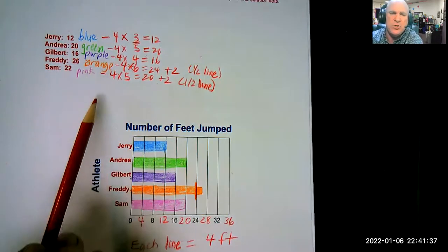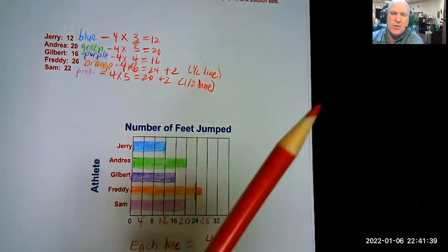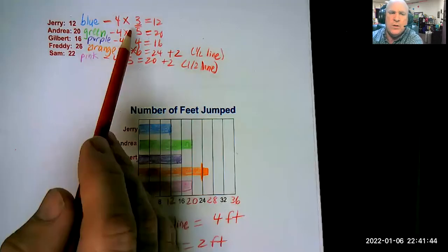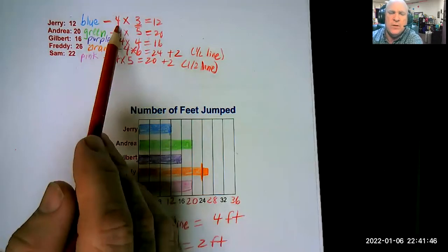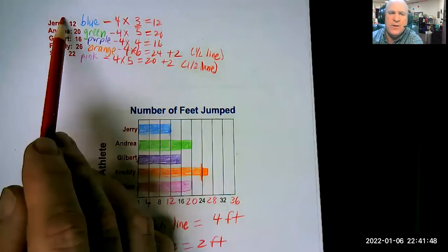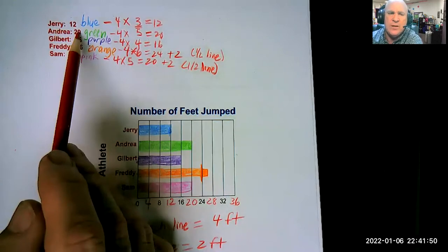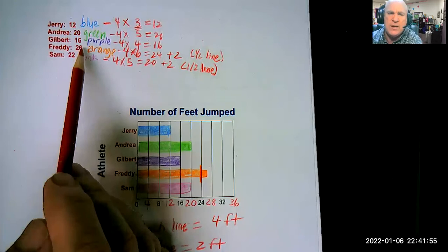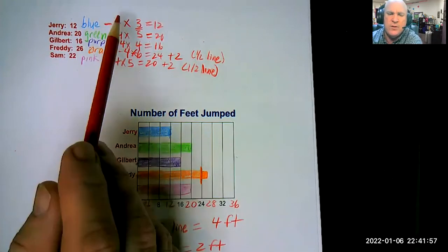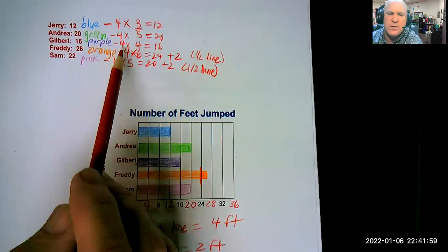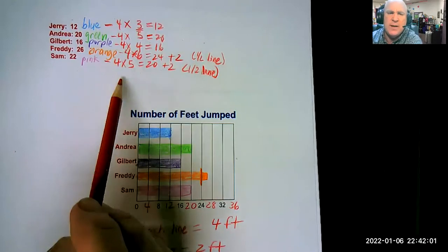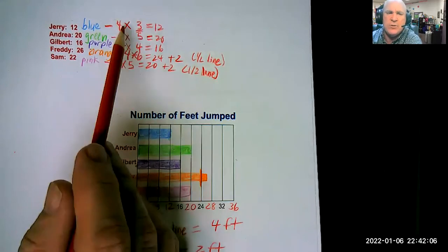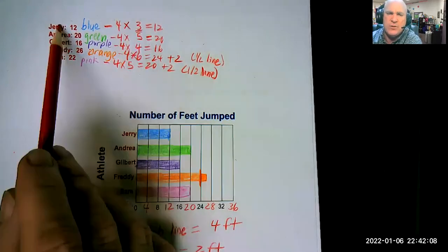So since each line is 4 feet, an easy way to figure out how to get to each person initially would be to take the 4 that we know that everyone is going to be passing and multiply it by a factor to get to the product that's mentioned for them.